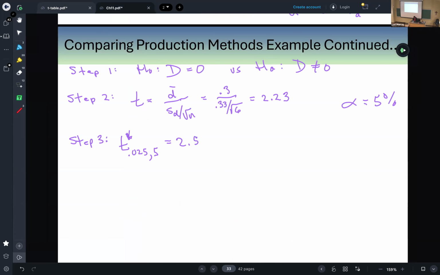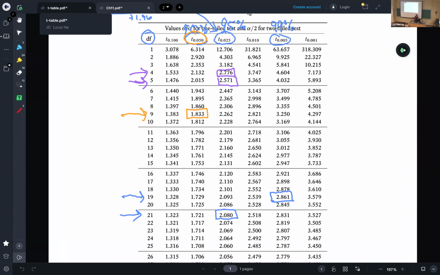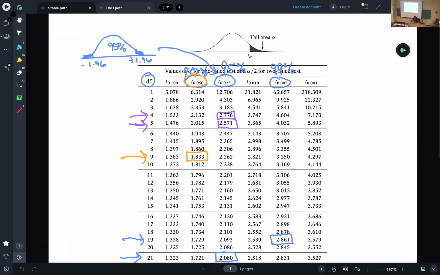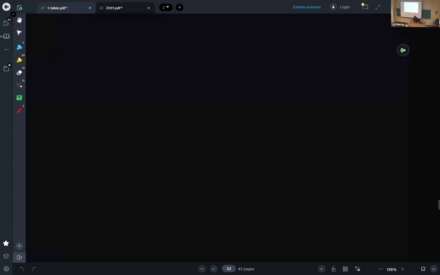By the way, all these tables are on Brightspace, and I highly recommend you print them out because they're easier to use without having to look on a screen. You can just have the table right there. I made these tables. This table here was made in R, so they're really accurate.